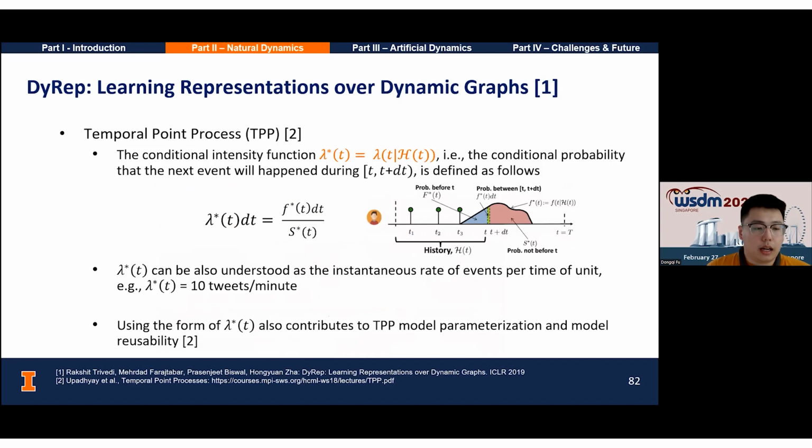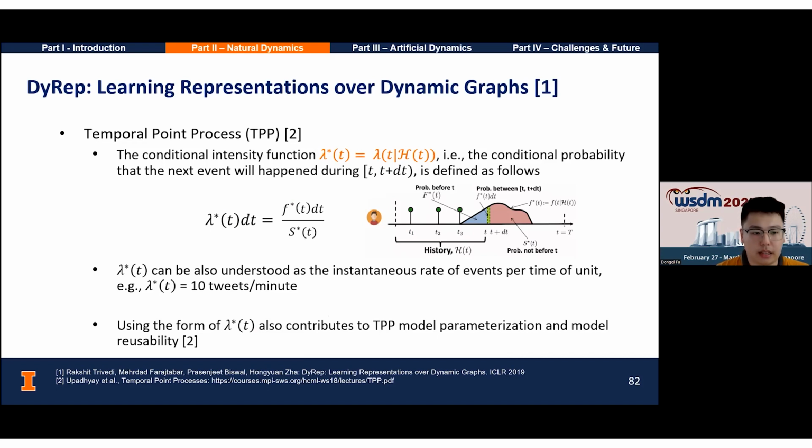The most important part of the temporal point process, or TPP, is that we can use the conditional intensity function to model this process. It is denoted as lambda t, which is the conditional probability that the next event will happen during the interval t to t plus dt.